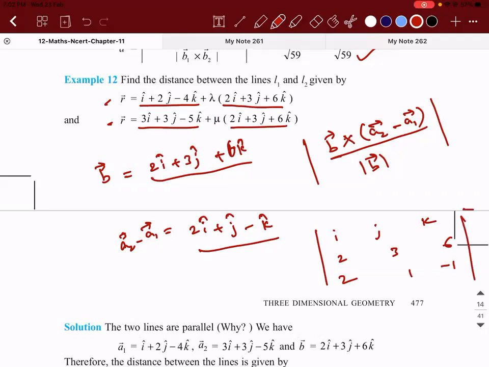Make it fast. Minus 9i cap plus 14j cap minus 4k cap. Yes, minus 9i cap, sir, plus 14j cap, minus 4k cap.